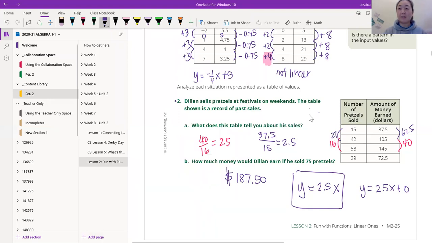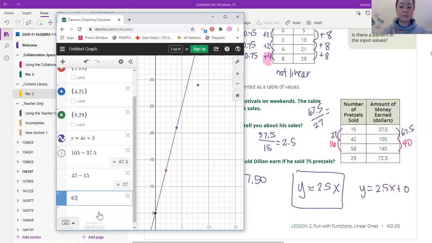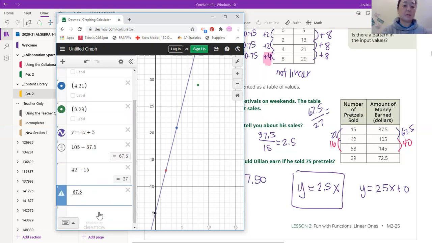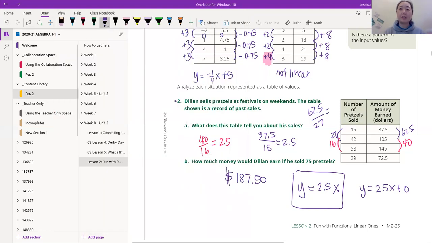So 67.5 divided by 27, and we're going to see what that equals. Yeah, that's going to be 2.5. So we are good to go. You could check that with other ones. I would check it a couple of different times just to make sure you got the right one. But it looks like we got 2.5 right here.